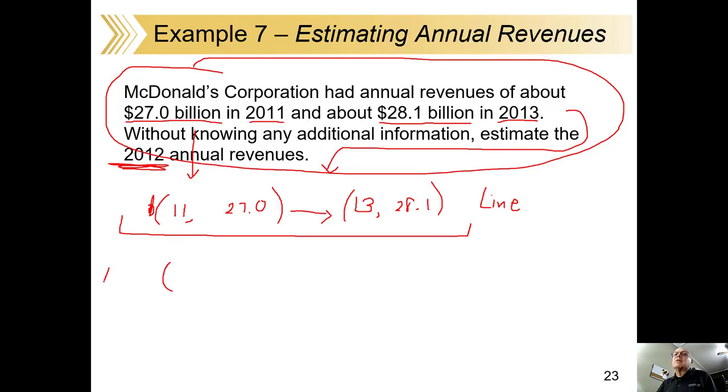What's the midpoint? Let's call it M. Remember, for the midpoint, you're going to be adding and dividing by 2, in other words, finding the average. So for the x-coordinate, you'll have 11 plus 13 divided by 2.